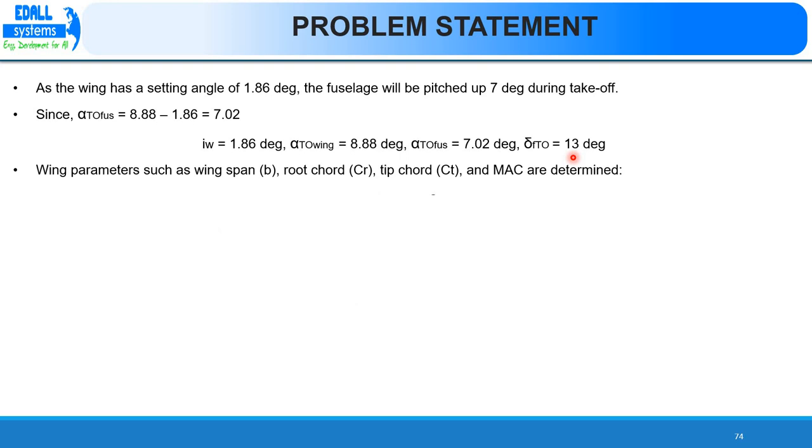Parameters such as wingspan B, root chord CR, tip chord CT, and mean aerodynamic chord MAC are determined by solving the below equations. Aspect ratio equation, as the aspect ratio value is known and wing area is known, you can find out wingspan by solving this equation.